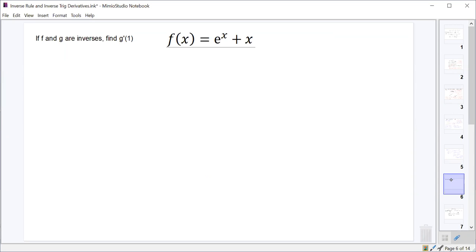So let's see if we can get this one worked out. Any thoughts on how we're going to start this? What do we know about G?